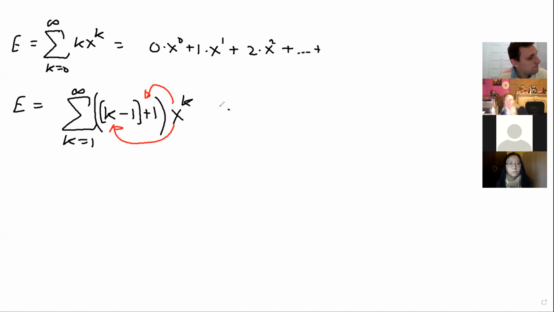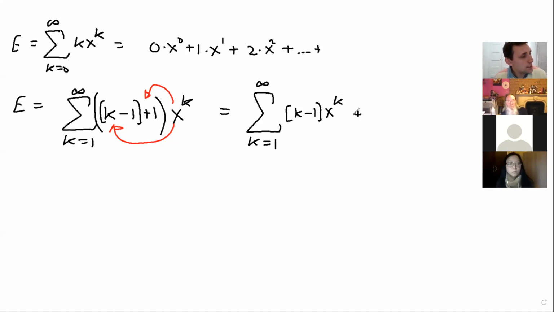I obtain the summation k equal 1 to infinity of k minus 1 times x to the k plus x to the k.